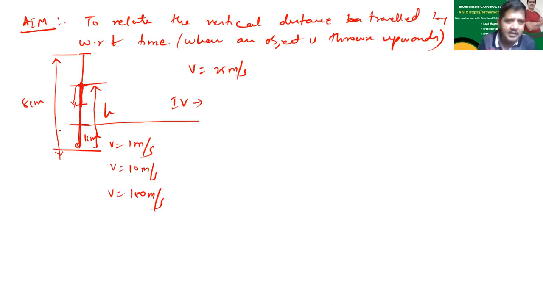Now, can you tell me which one could be your independent variable? Which one can be a dependent? An independent variable is one which is in your hand and you are able to vary it at your own will, which is not dependent on anything. That is what you call an independent variable. Now, what is a dependent variable? A dependent variable is one wherein it depends upon the independent variable.